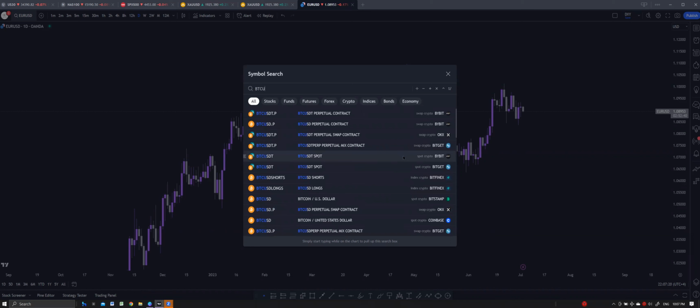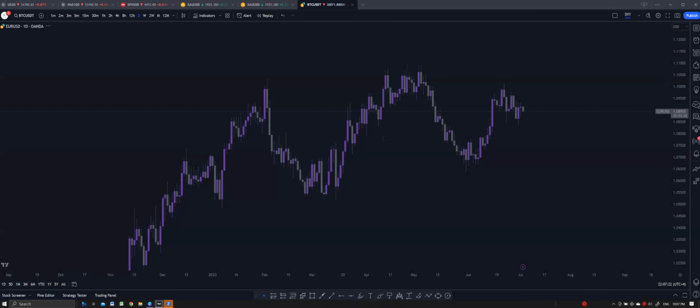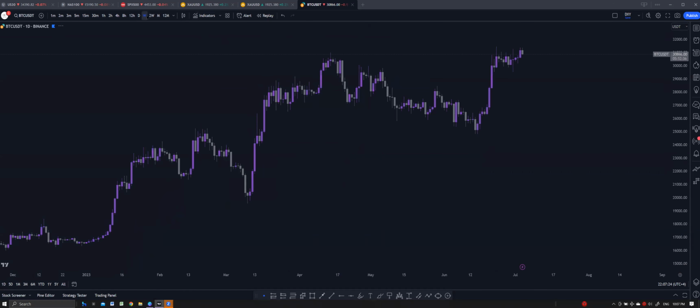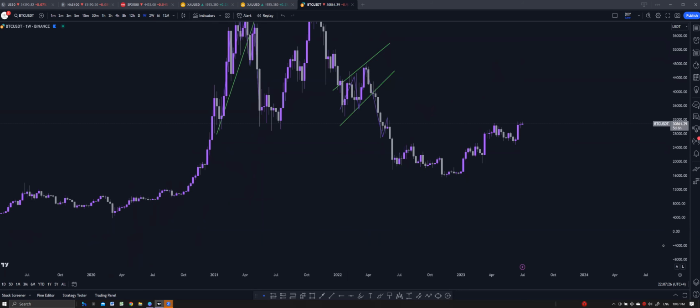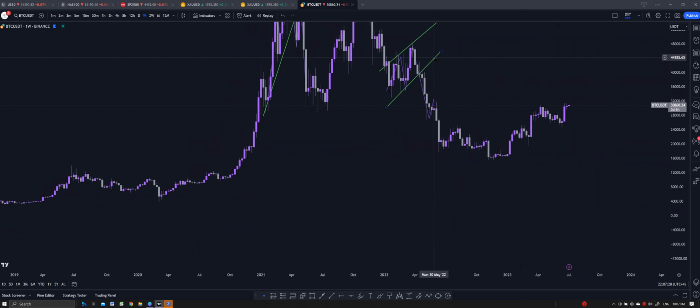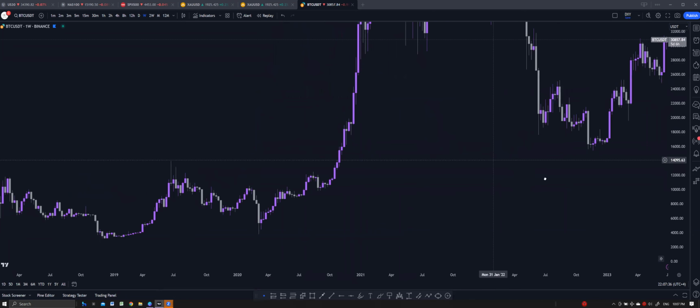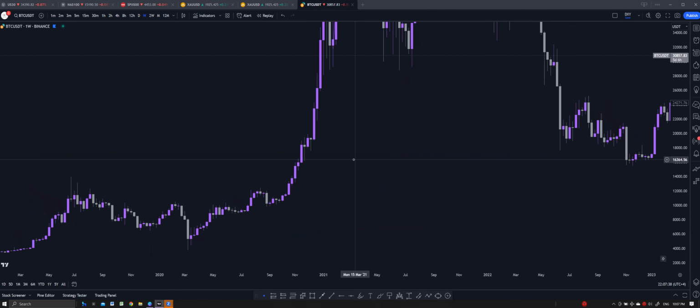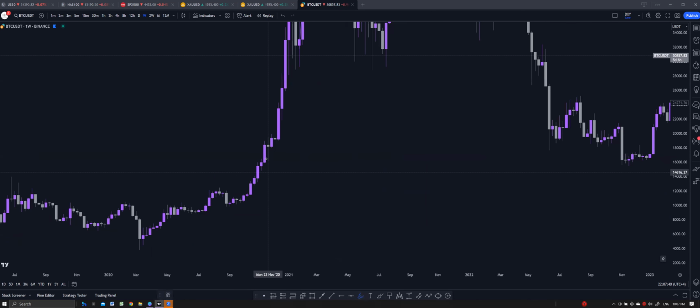Let's look at a Binance chart, and let's look at price gaps on the weekly time frame, right? So let me delete this here. Okay. Let's look towards the left here, and look at the price gaps, right?